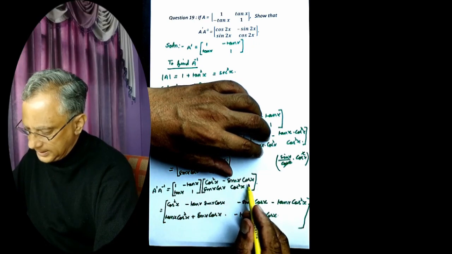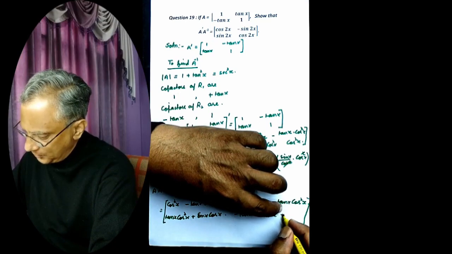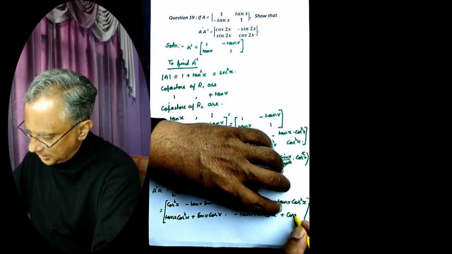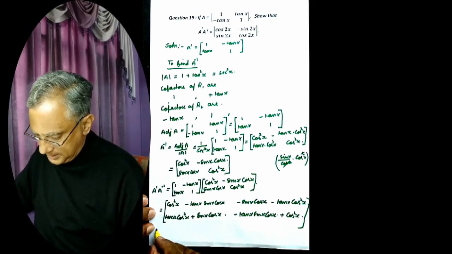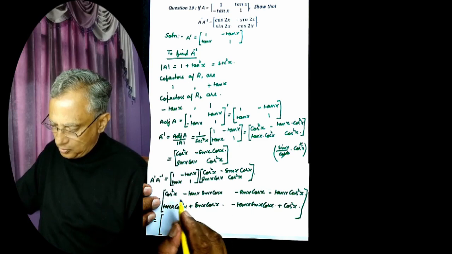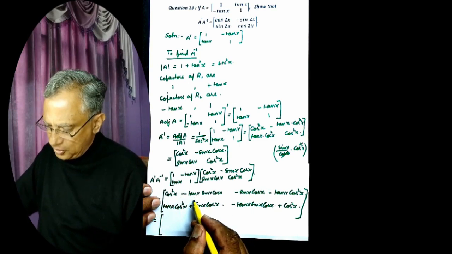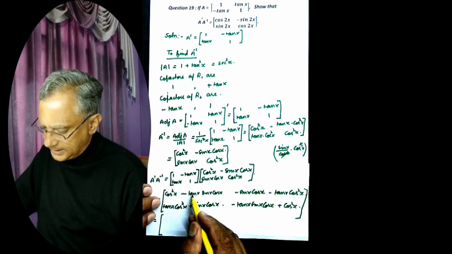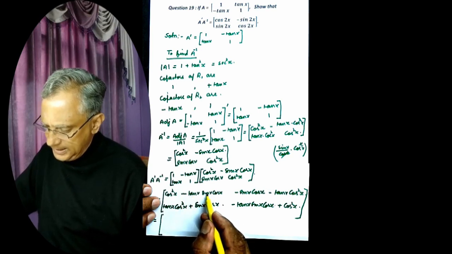Tangent x into minus sin x cos x plus cos square x. This will be cos square x. And this is equal to, this is sin x by cos x. So what we get? Sin x by cos x. Cos x cancels, we get sin square x.